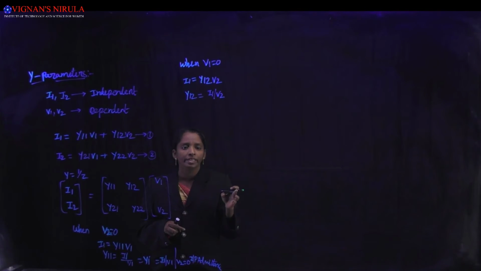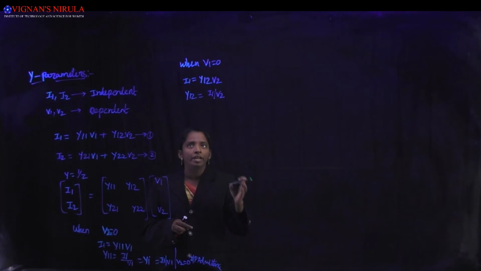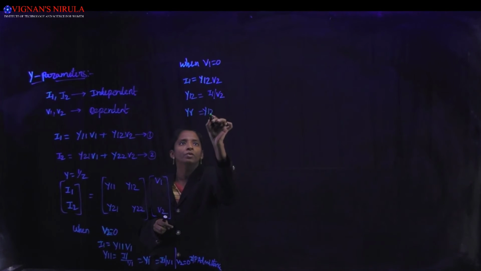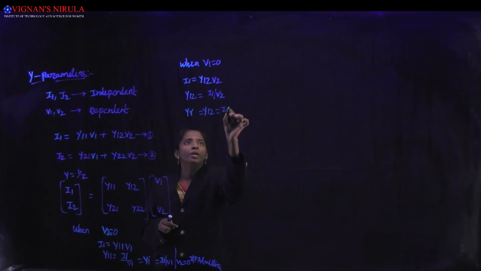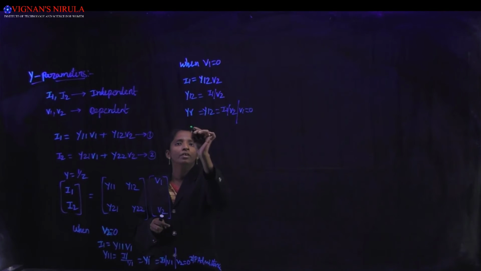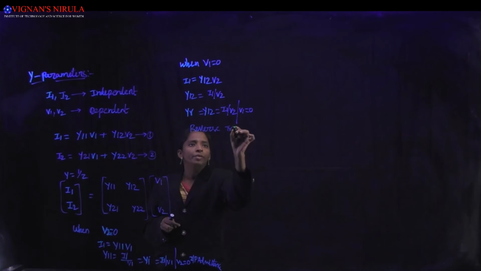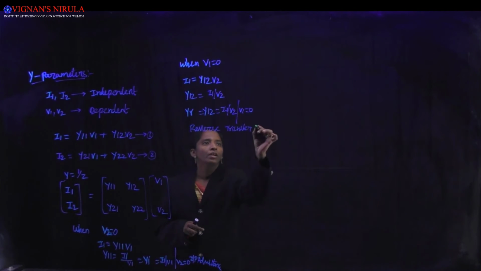That's why we are saying it is reverse transfer admittance. It is also represented with YR, or Y12 equal to I1 by V2 at V1 equal to 0, is called reverse transfer admittance.